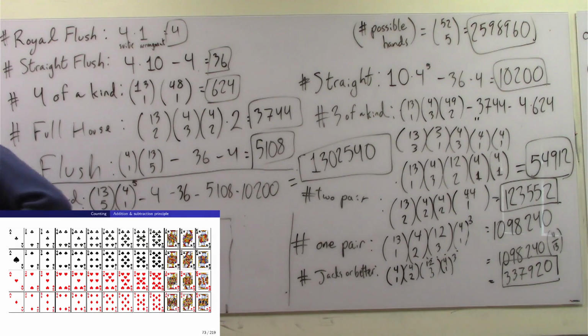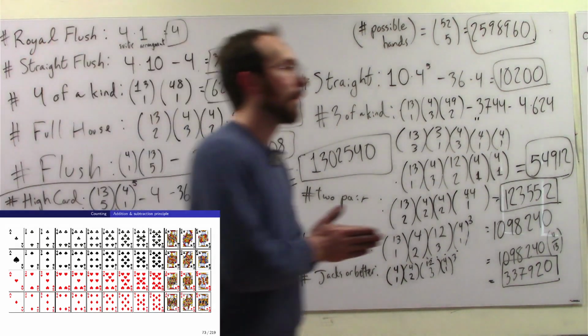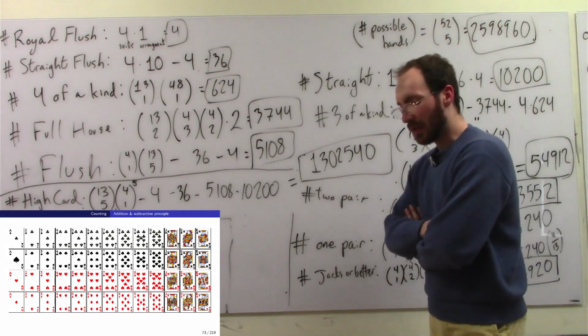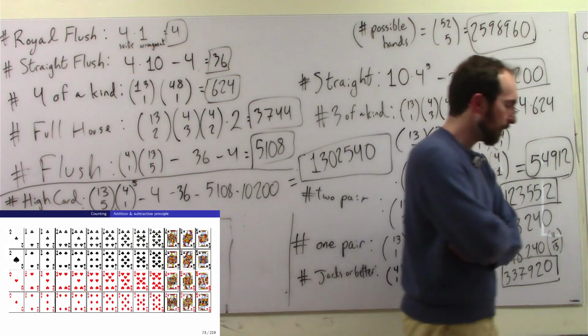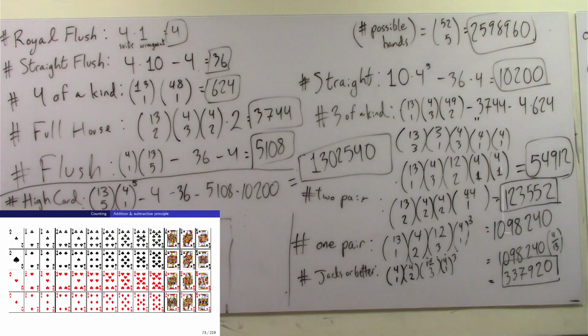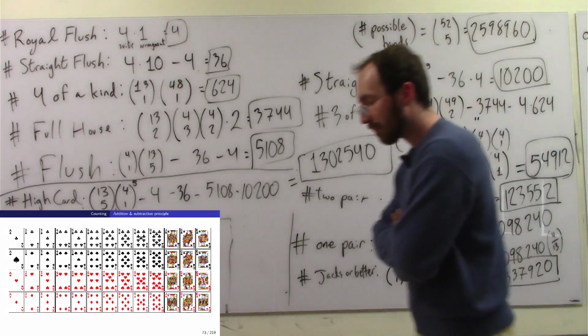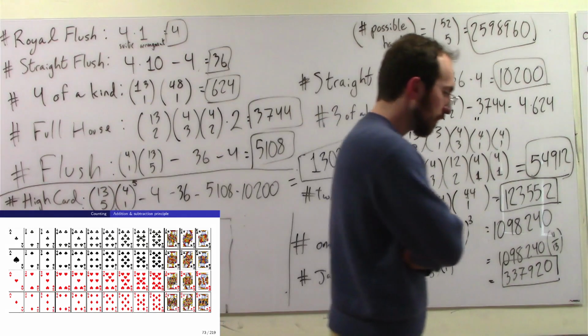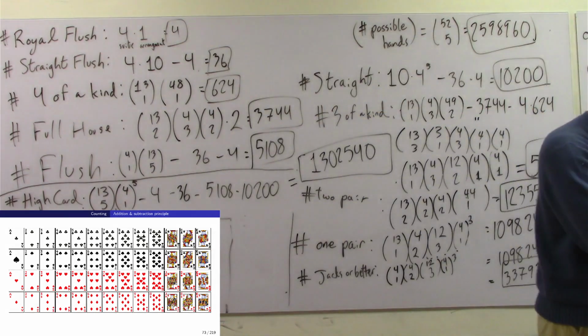Do you think, Ryan, it can be computed without subtraction? Yeah, I think so. I'm wondering if, when you choose 5 ranks, you can somehow mix ranks and suits to avoid flushes and straights. I don't know.